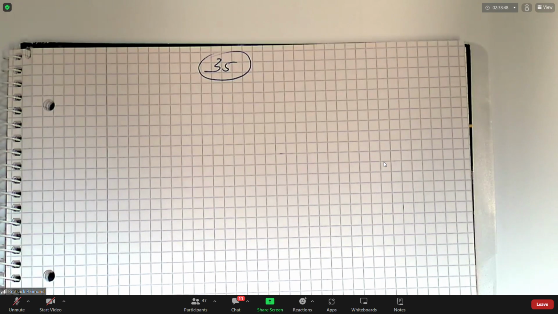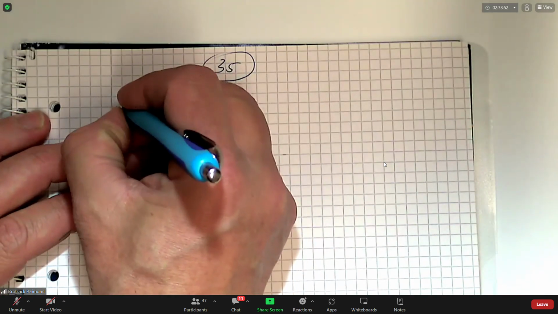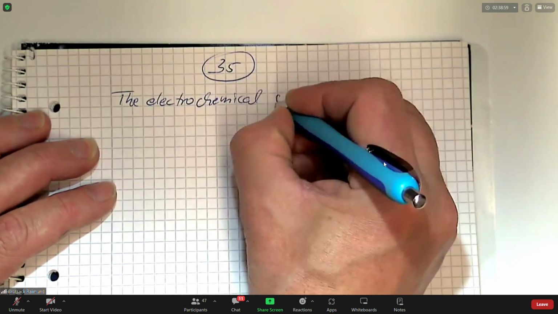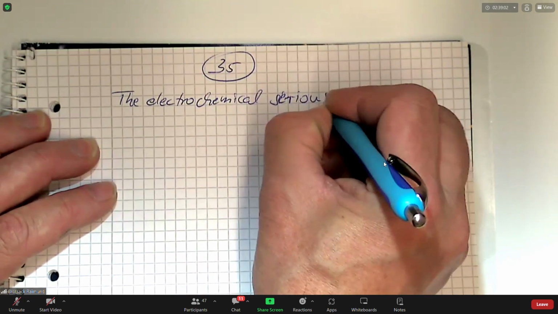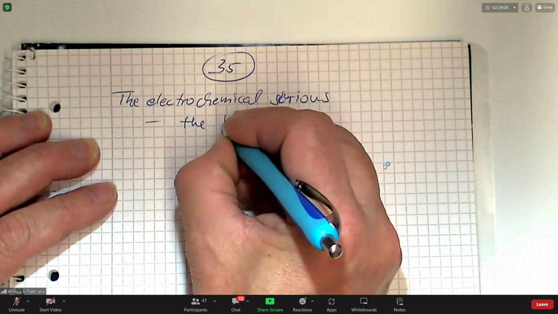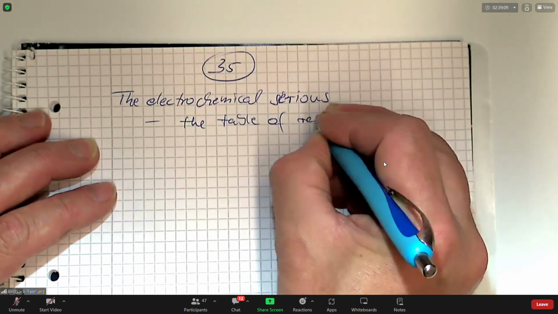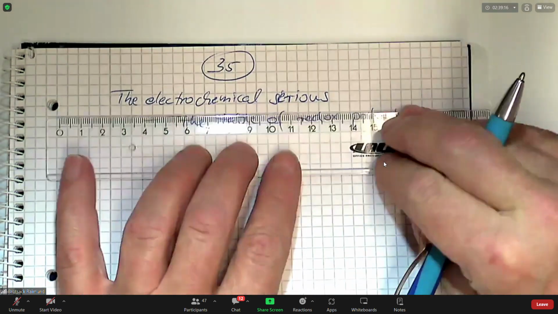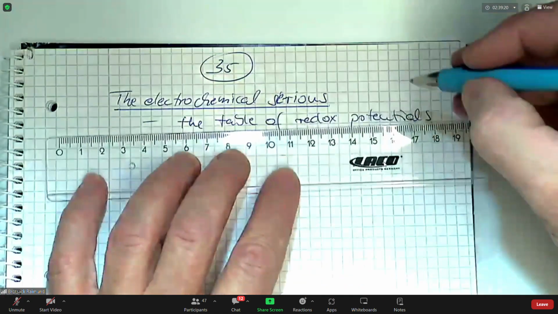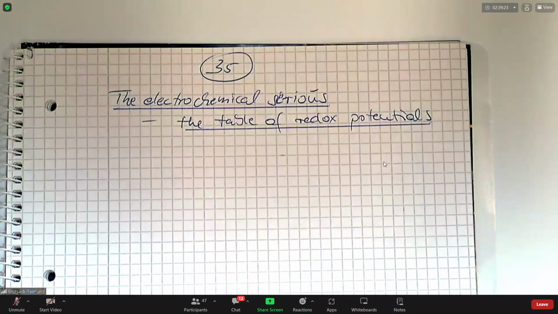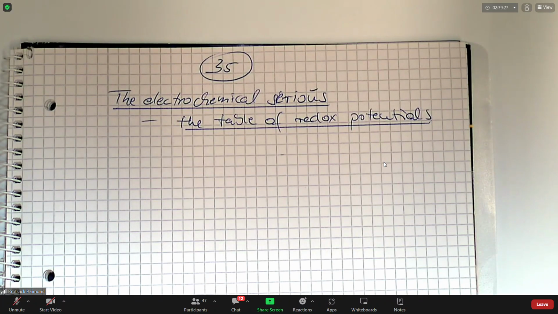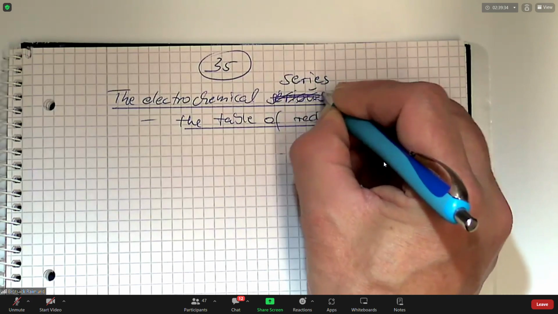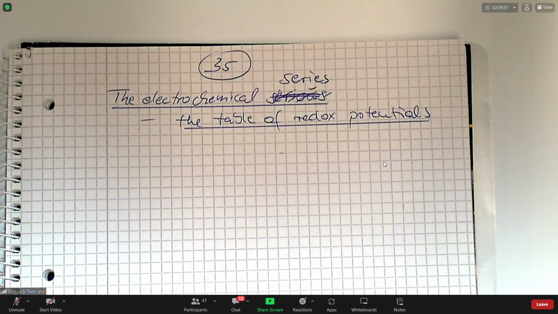So the electrochemical series, or the table of redox potentials.